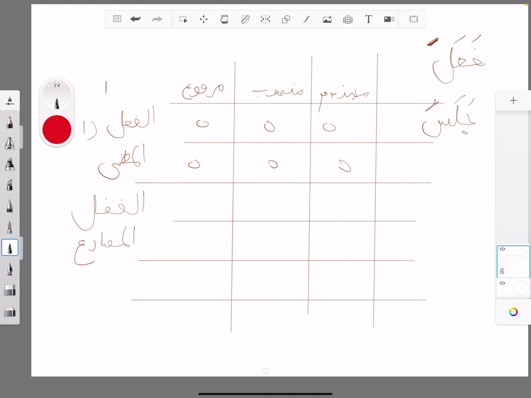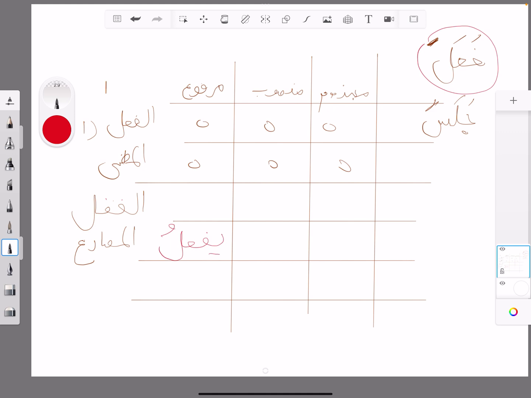Say we take the same verb again. How do we make fa'ala into mudari? Fa'ala yaf'alu. I'll teach you later on all the details of this, but for now you just need to know this. Fa'ala yaf'alu.